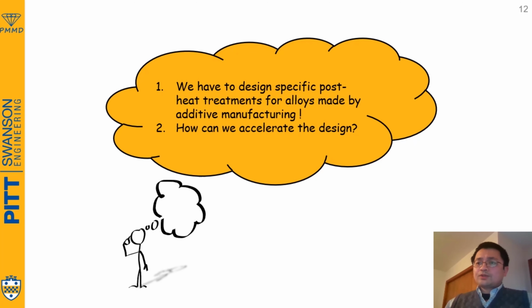So two questions are now coming out. One is that we have to design specific heat treatment for alloys made by additive manufacturing. And how can we accelerate the design? If you're running the additive manufacturing process with well-known steels or well-known alloys, how can we guarantee that we get the same property, similar microstructure, and then apply this alloy?